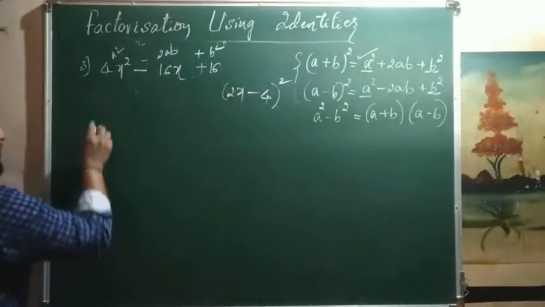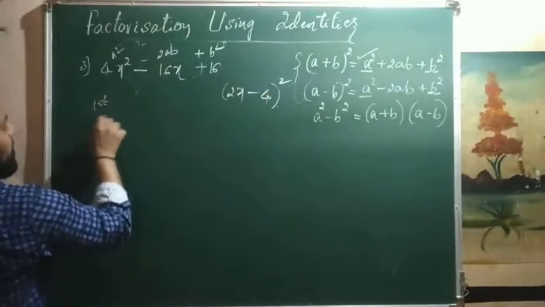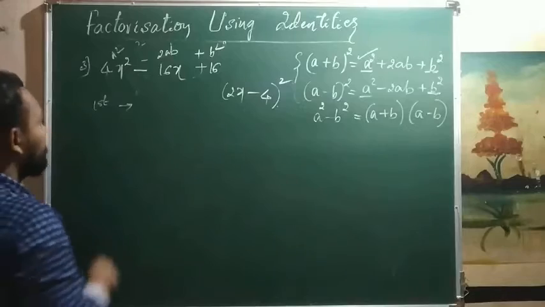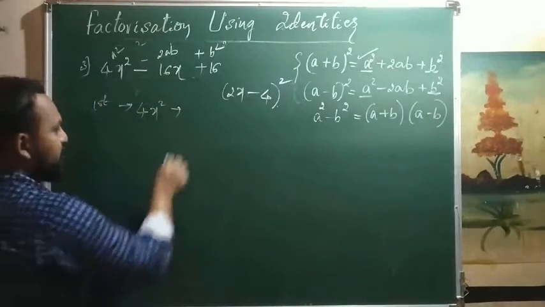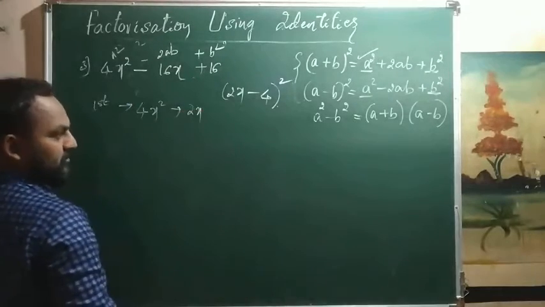Okay. Check it. The first term is 4x square. The square root of 4x square is 2x.